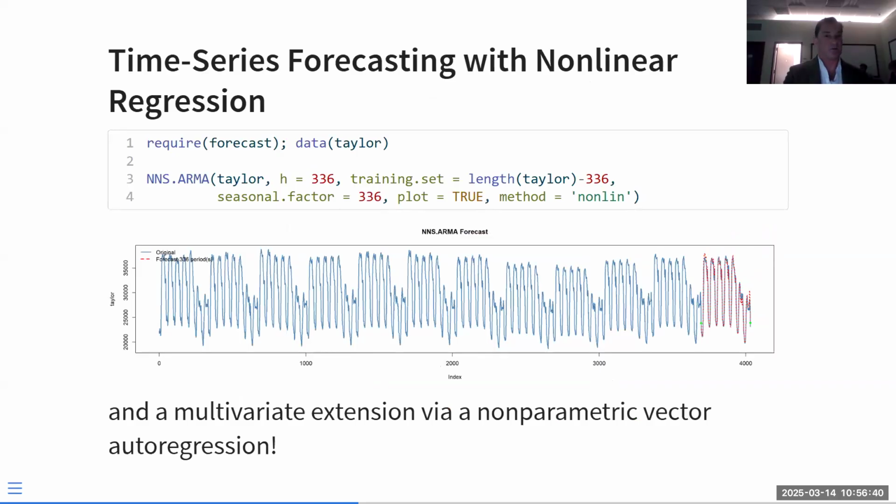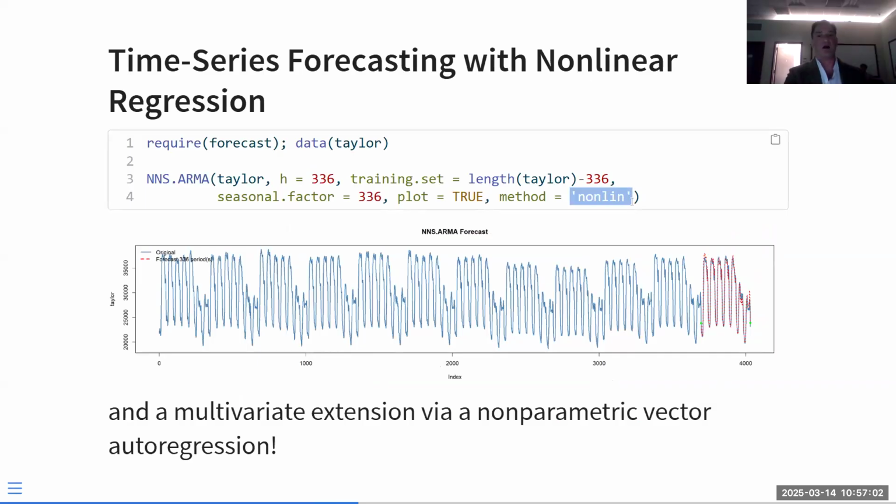So I'm picking out the seasonal periods, and this is an example of how it fits for 336 observations out of sample. This is using the nonlinear regression method.